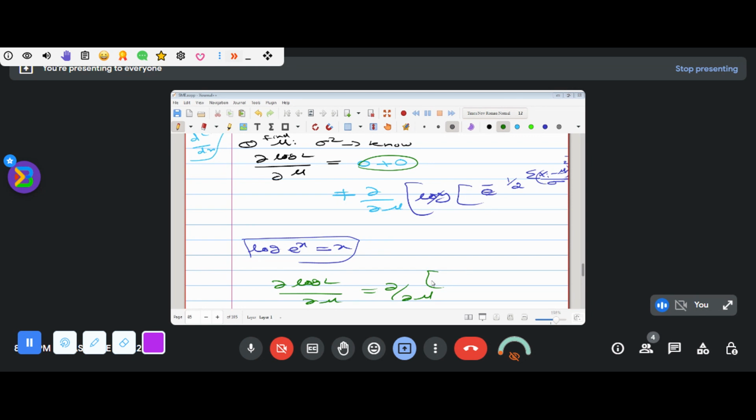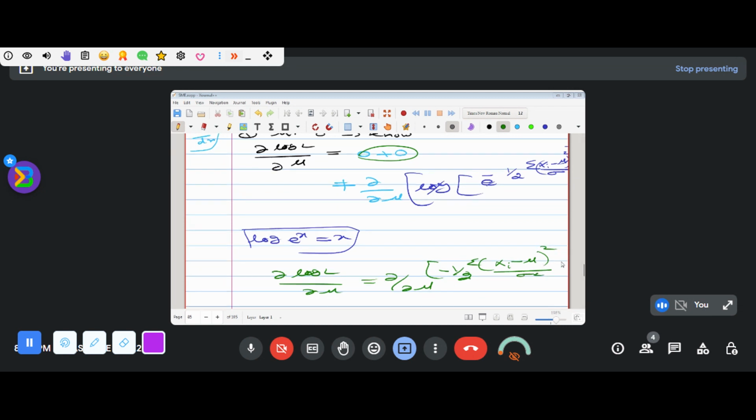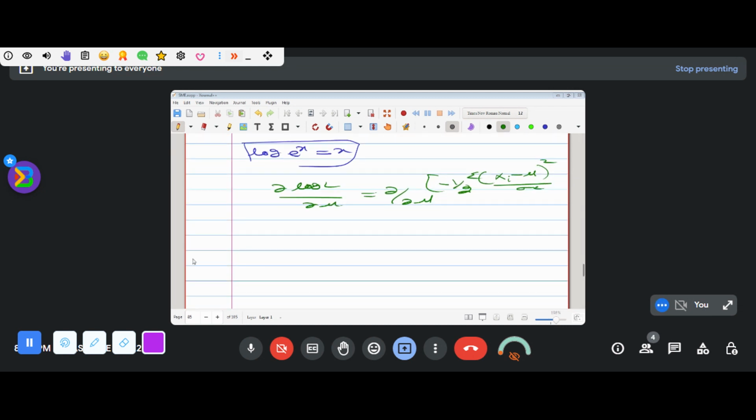The remaining term is minus 1 by 2 into summation (xi minus mu) the whole square divided by sigma square. Now you want the derivative of this one.